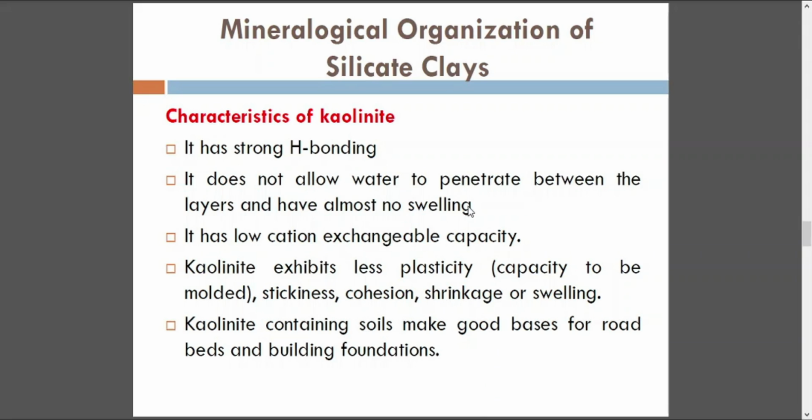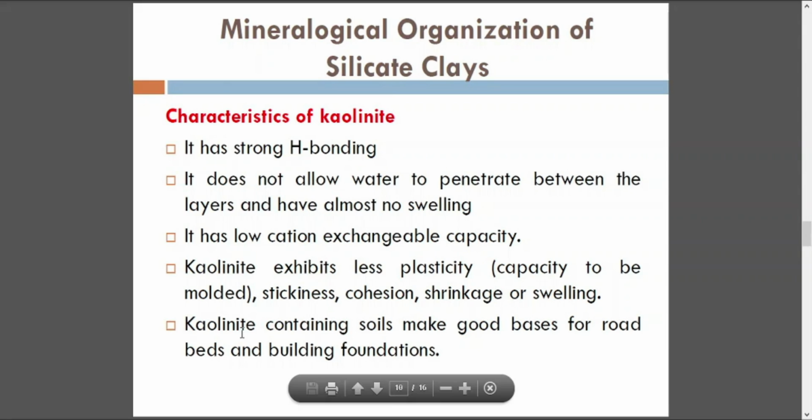We also see that kaolinite has a low cation exchange capacity, and it exhibits less plasticity, or capacity to be molded, thickness, cohesion, and shrinkage.